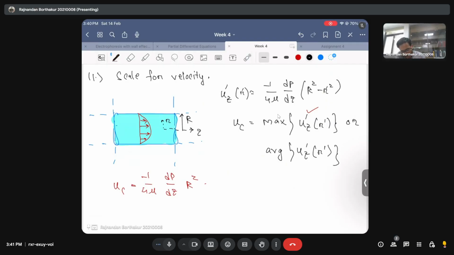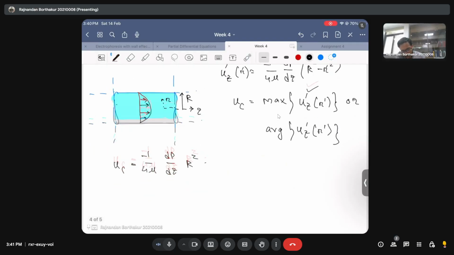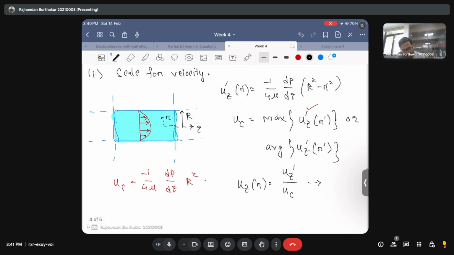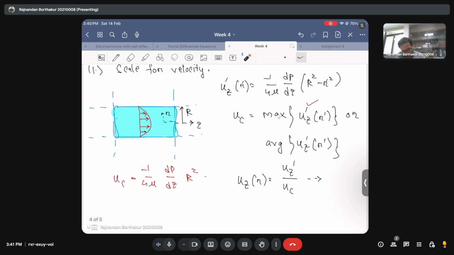Okay. So then what I can do is define a non-dimensional velocity uz of r, which is the dimensional velocity uz divided by the characteristic velocity. And now we can very nicely find out what uz of r is in this case. Maybe I call it equation 2 and this is equation 1.